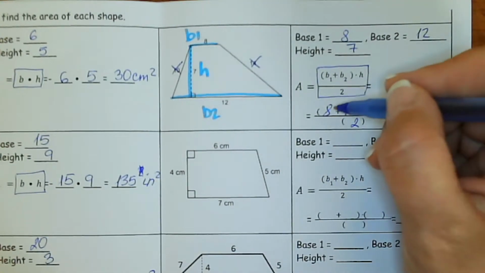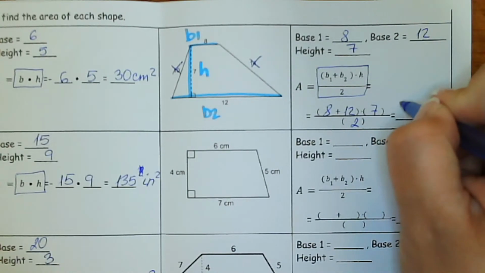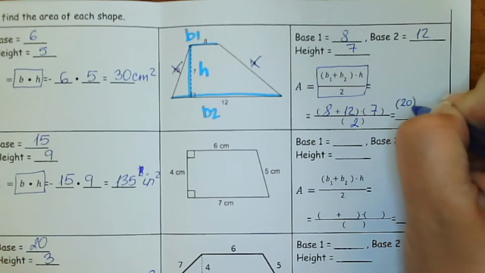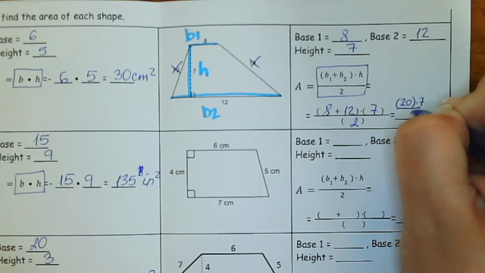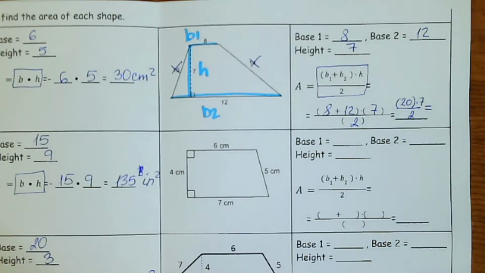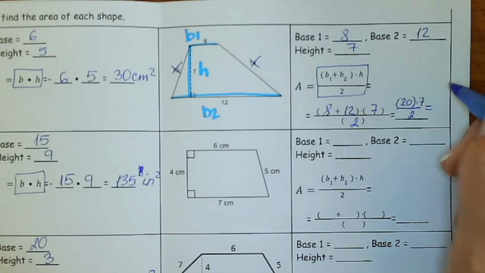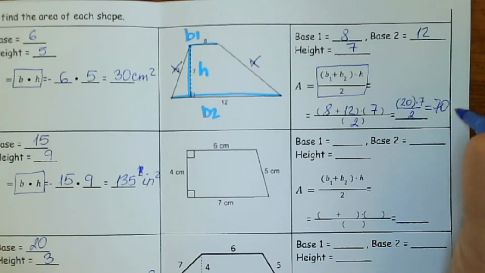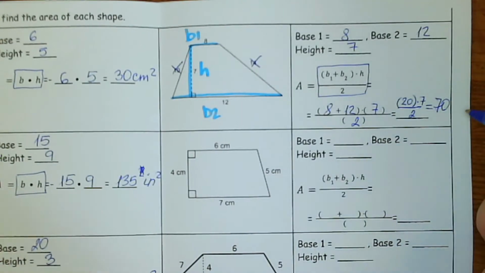So we have 8 plus 12, 20 times 7, and then divide by 2. 20 times 7 is 140, and then 140 divided by 2 will be 70 whatever units squared.